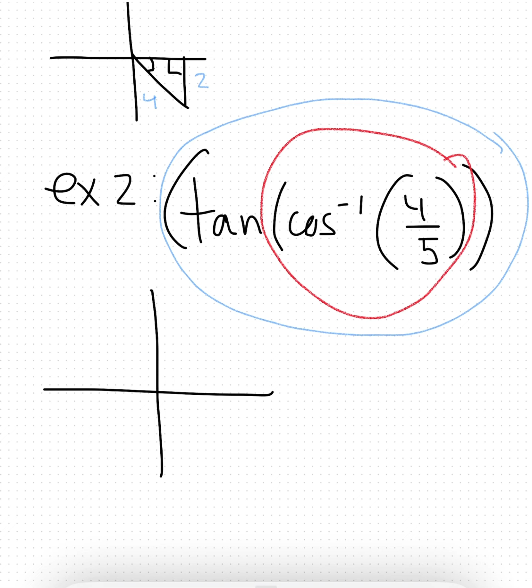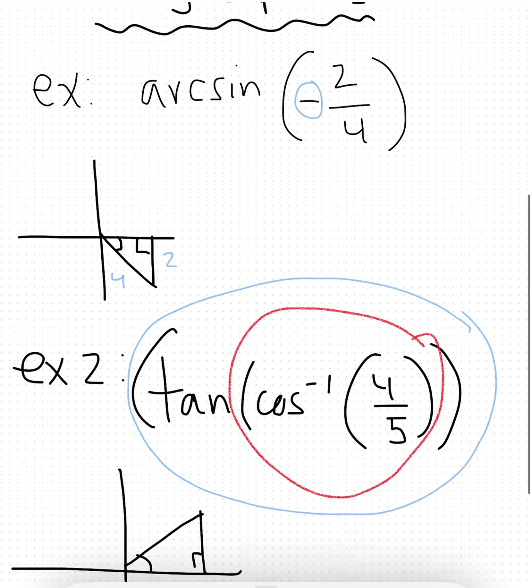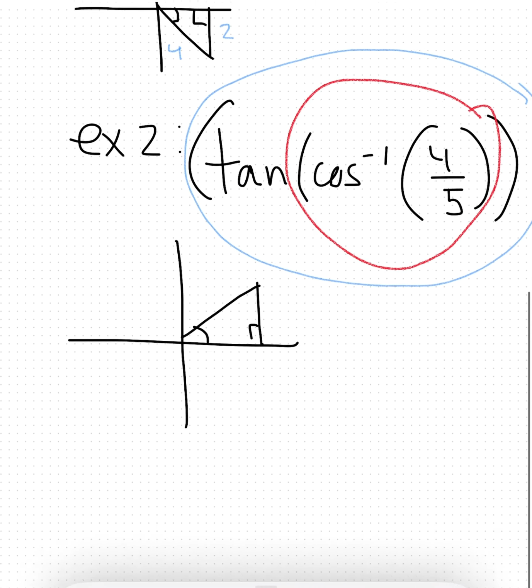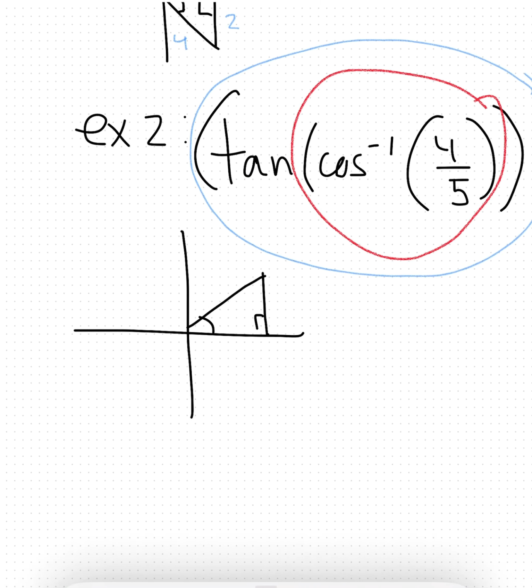Because it's positive and it's cosine, it will have to be in the 1st quadrant, because the output of cosine can only come from the 1st and 2nd quadrant. So now we have this, we can label our triangle. So let me go back up, and we can see that cosine is adjacent over hypotenuse.